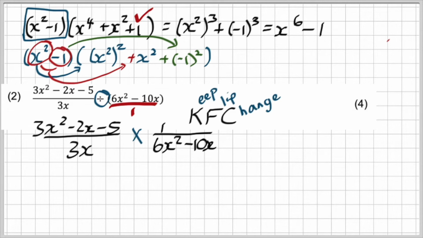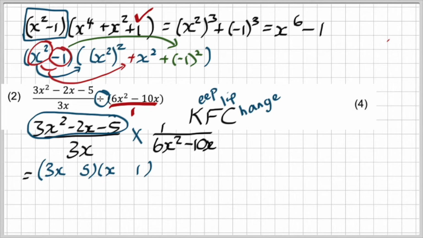So when I look at this, now I need to factorize. So that first factorization is a trinomial, so I'm going to say 3x times x, and also 5 times 1. But now because I want to go to a negative, my spidey sense is telling me that my 5 must be a negative and the 1 must be a positive.